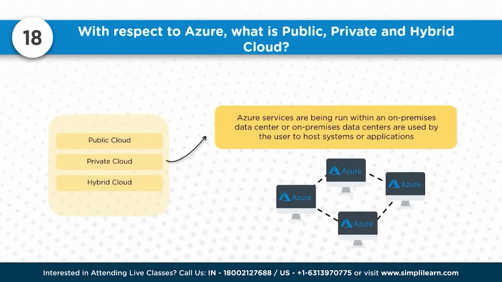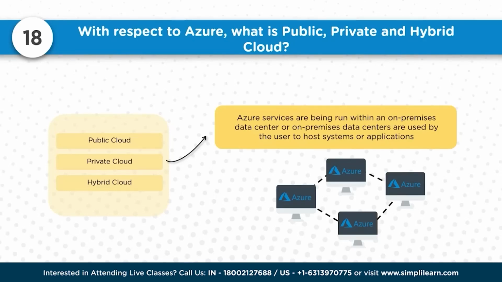Whichever the case, the private cloud services and infrastructure are always maintained on a private network, on hardware and software dedicated solely to your organization. So in short, private cloud in Azure is Azure services being run within an on-premises data center used by the user to host systems or applications.